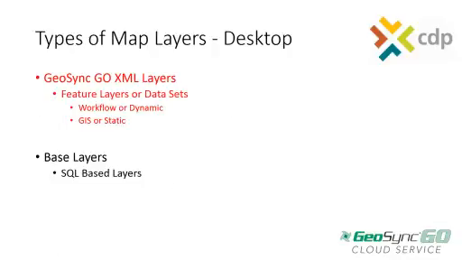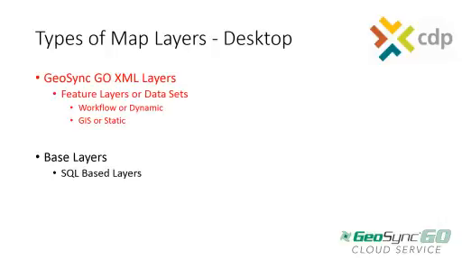The types of map layers on the desktop that we can work with are GeoSync Go XML layers, which are either feature layers or data sets. These can both be generated from our GeoSync Go workflow, where we design those in the workflow wizard, or they could also be data layers that we create with the export tool from, say, ArcGIS.